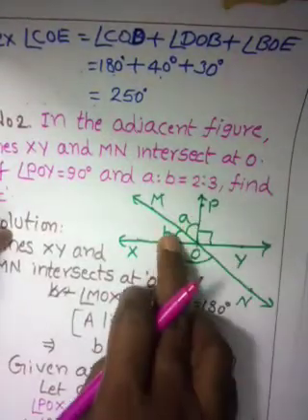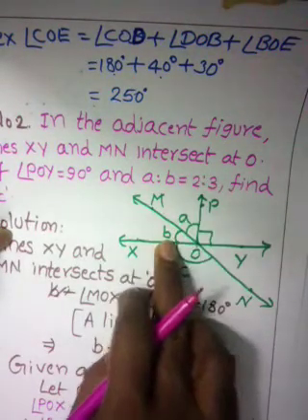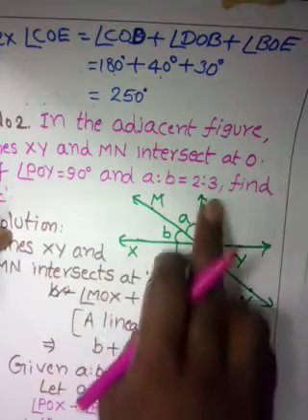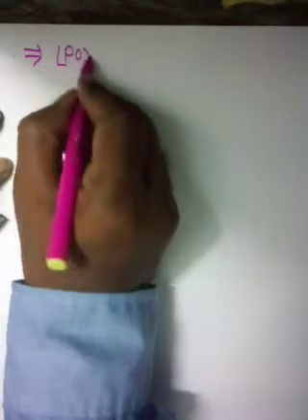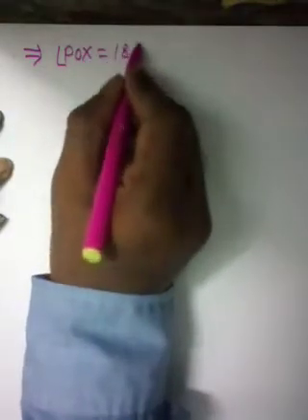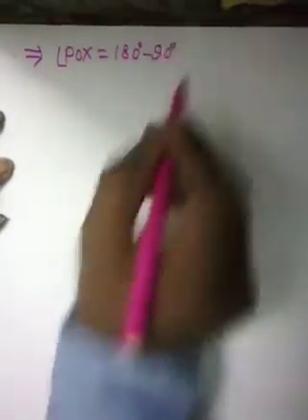See here, angle A plus angle B, these two angles is nothing but angle XOP. So first let us write angle POX. Angle POX is equal to 180 degrees minus 90 degrees.